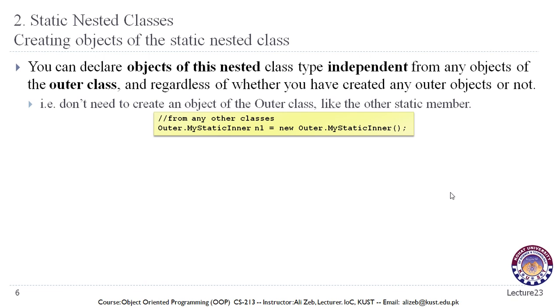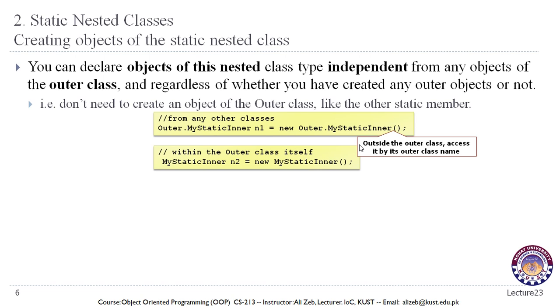So if you want to create an object outside of the class from any other class, we can create it. For example, this is our nested class and this is the outer class, so we can create an object for it using this syntax, that is the name of the outer class, the name of the nested class, the name of the object, and then we initialize the object for the nested class.